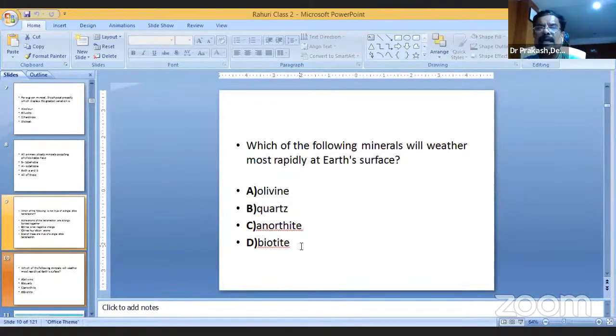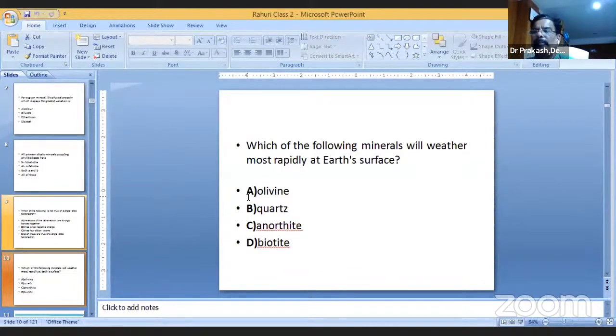In the magma, the first mineral to be formed is olivine, right? So when it is exposed to ambient conditions, that is air temperature and the earth surface conditions, it feels like you and me in homesickness. It is away from home. So that's why it will be more susceptible to weathering.